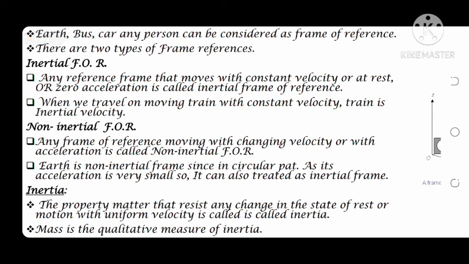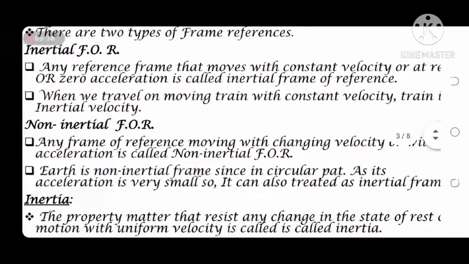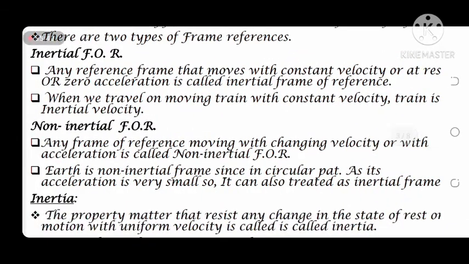Since in circular motion its velocity changes, it can also be called a non-inertial frame. But the velocity change is small, with direction, so acceleration is small. That can be neglected in general, so we can call it the inertial frame of reference.